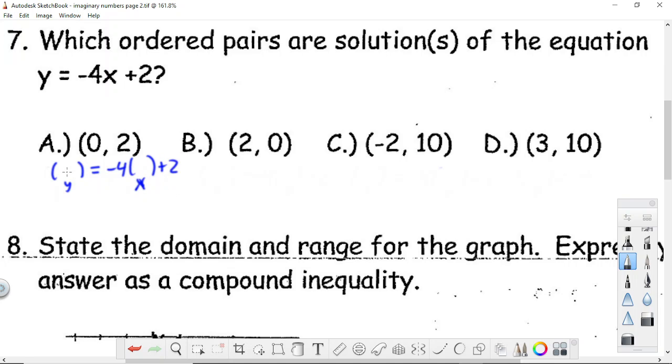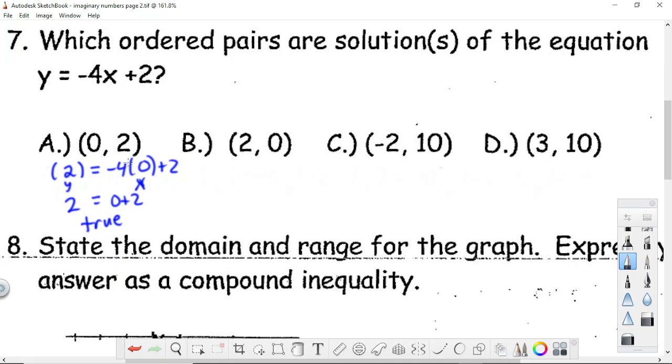Okay, so we put in 2 for y, and 0 for x. So that is 2 equals 0 plus 2. So that is true.